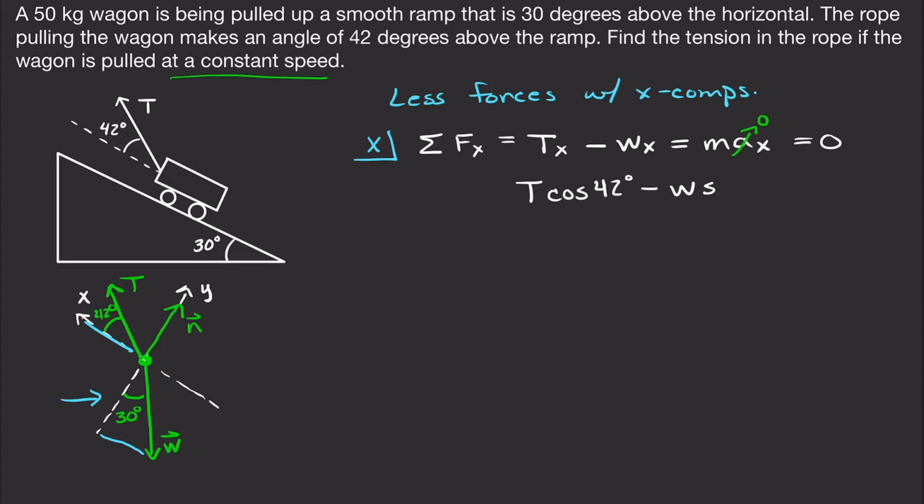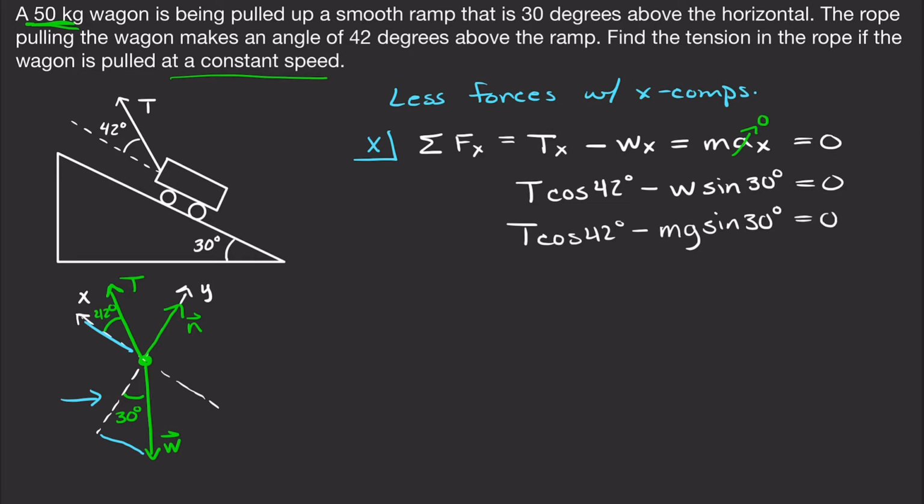Opposite is always sine 30 degrees, and that's all equal to 0. And now I don't know exactly what the weight is in newtons, but I do know its mass in kilograms. So I'm going to rewrite my equation replacing weight with mass times gravitational acceleration.